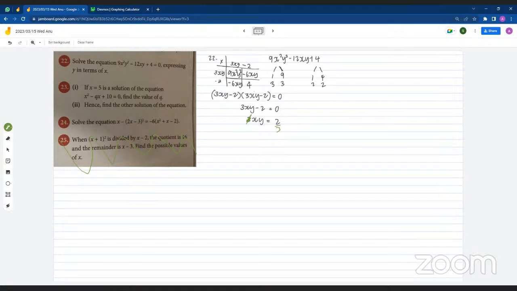Expressing y in terms of x simply means he wants the final answer to be y equals to whatever, and the whatever contains x. That's all it means. So you are very close to that.